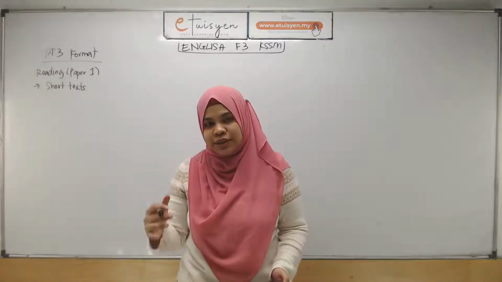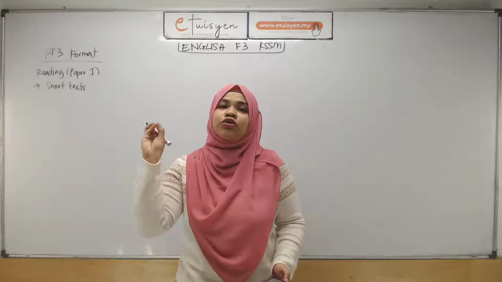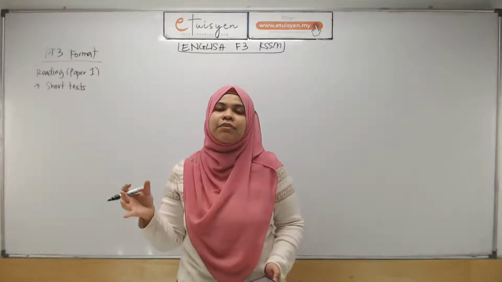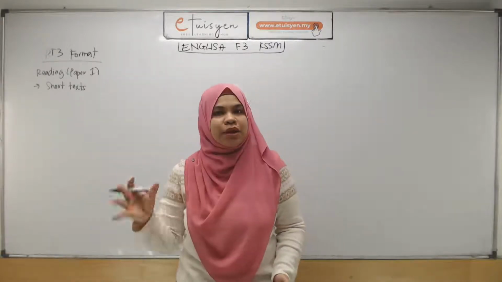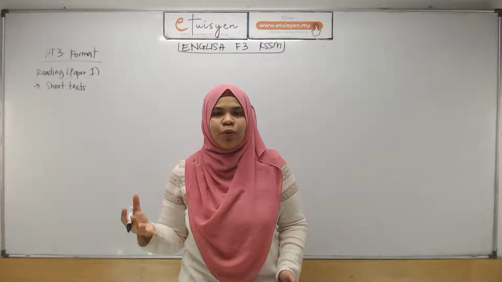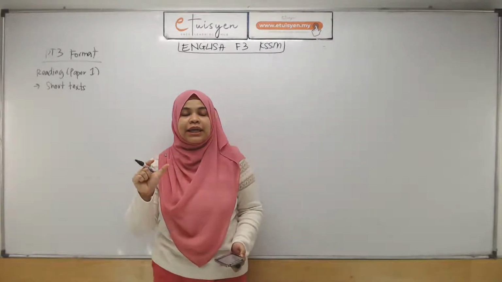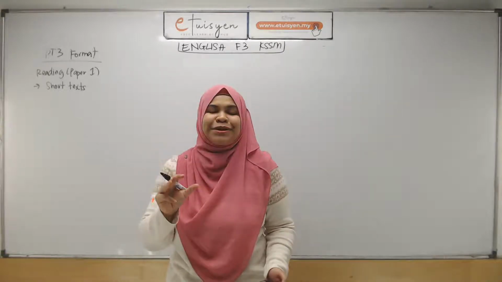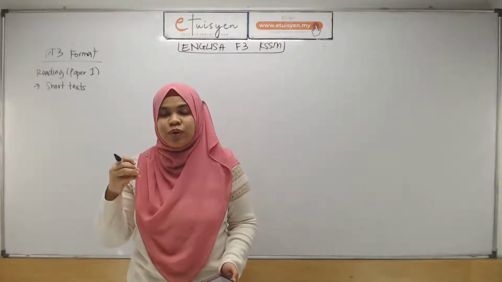So you just need to see, contohnya dia akan bagi 4 lah A, B, C, D. You need to choose from A, B, C, D apa yang akan menjawab soalan or ada kena-mengena dengan your short text. Now the short text ni can be in multiple bentuk. It can be in ads ataupun advertisement. It can be in email. It can be in a short text. It can also be in bentuk surat khabar.